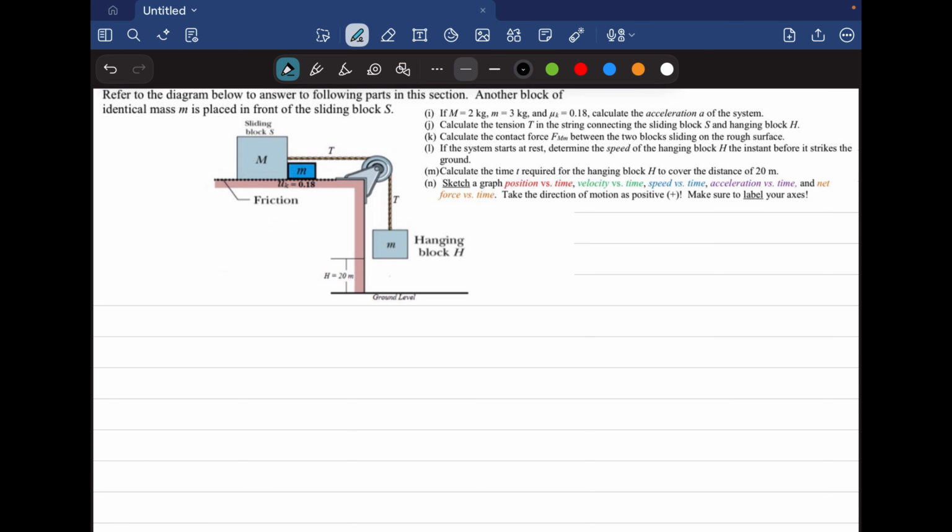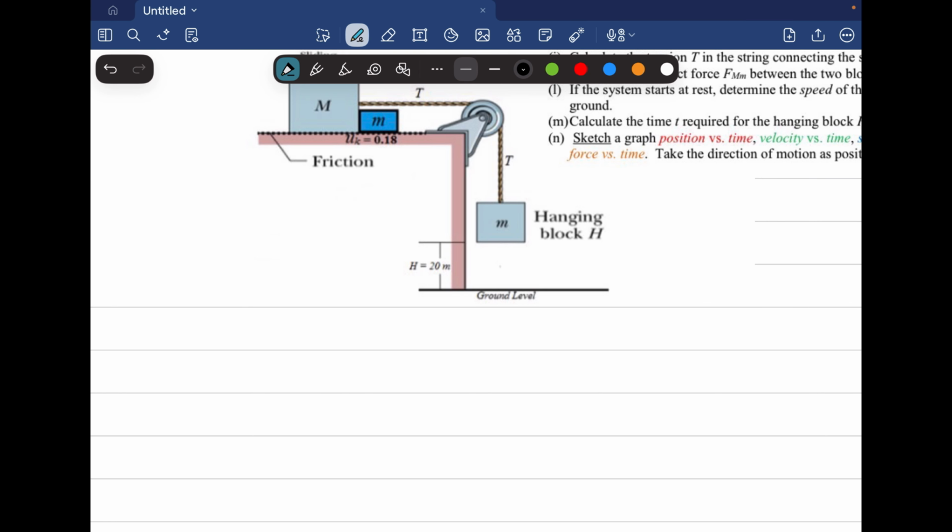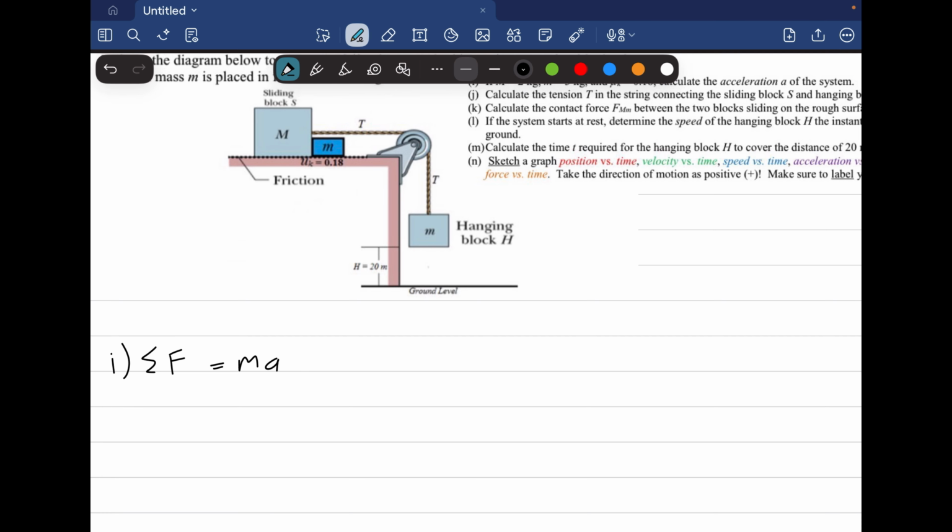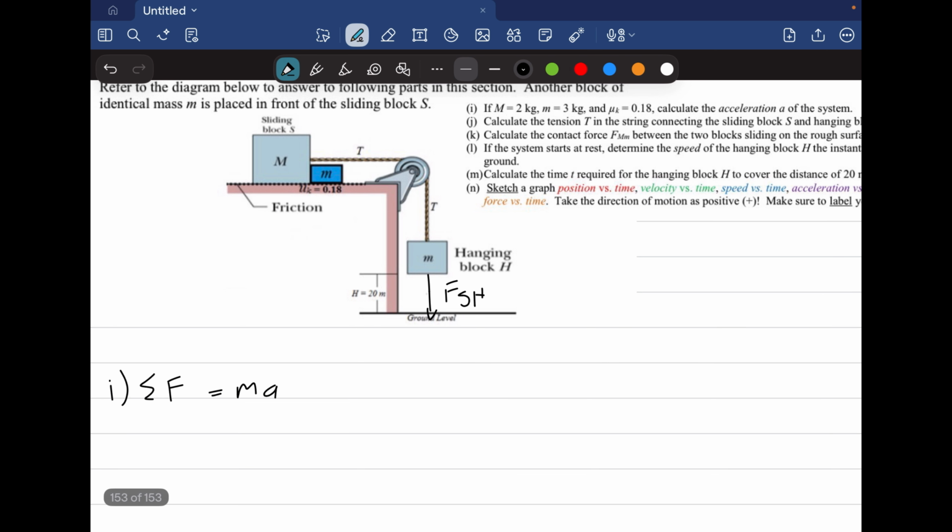Okay, I want the acceleration given the values. So Newton's second law is equal to ma, and then we have this FGH, and then I'll just combine these two blocks so it's easier. Right, so FK is both of these two combined, FK of capital M plus m.